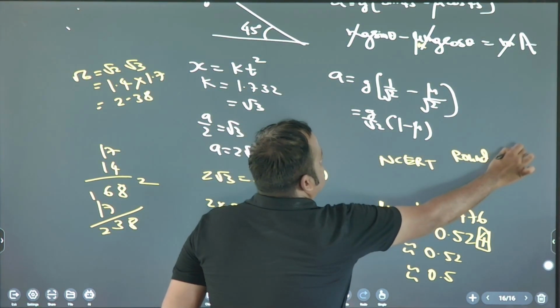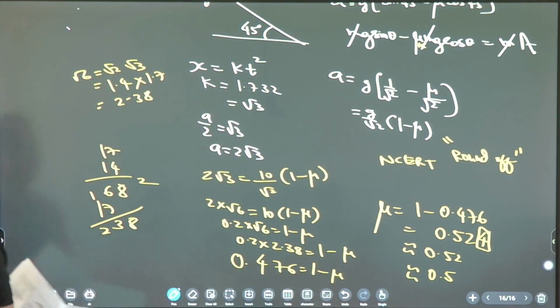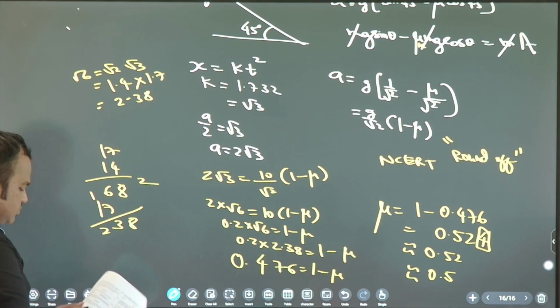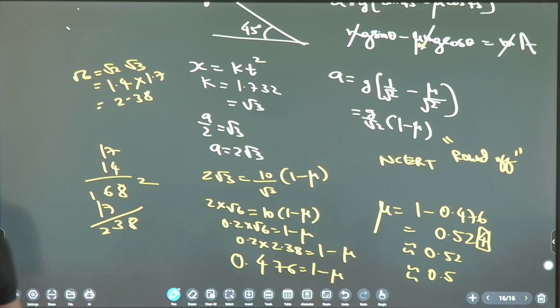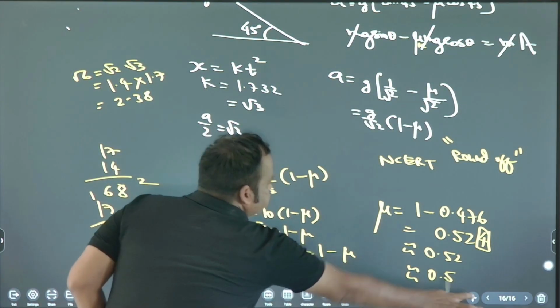I will revise this one day. Errors, round off, significant figures. Okay, next, any more question? Finish? Okay, any more question? Tell me. 5.